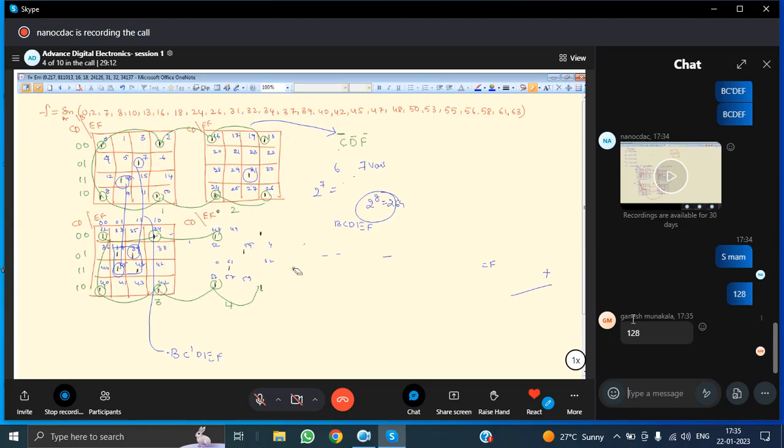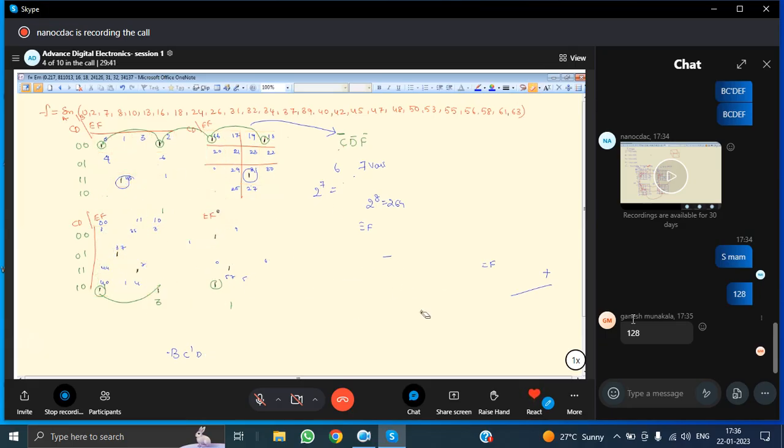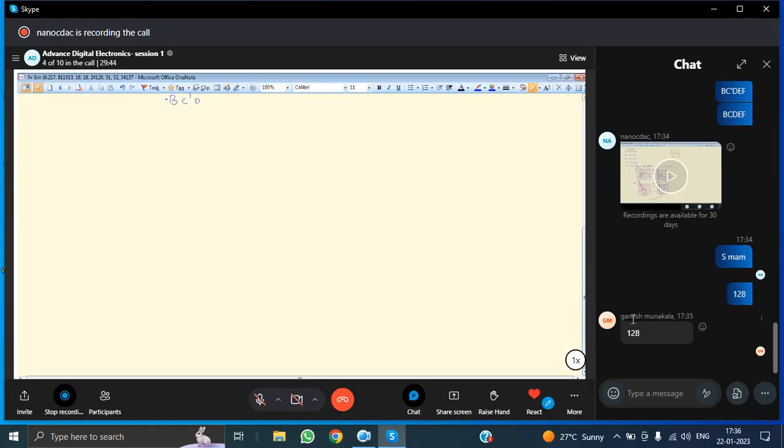That's why we go with another procedure, which is called the Quine-McCluskey method.